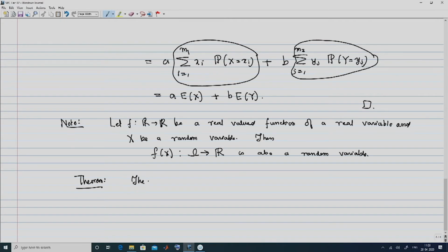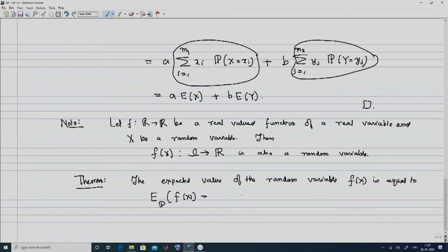Then the expected value of this newly noted random variable f of x, the expectation of f of x subscript p as before, is the summation from i equal to 1 to n of f of x of omega i into p of omega i.